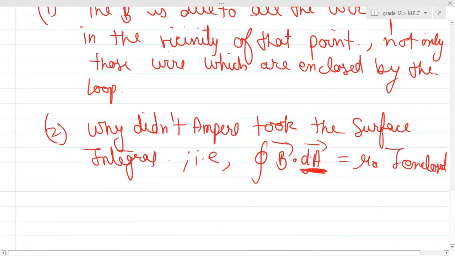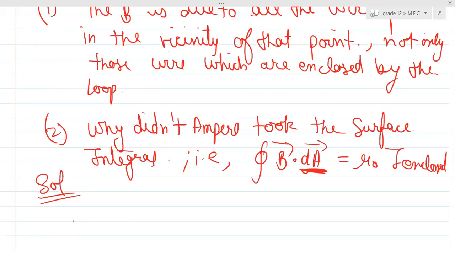Why did he choose a length vector in place of an area vector? Because we're talking about current flow in a loop. So if we talk about area, it does not make sense?